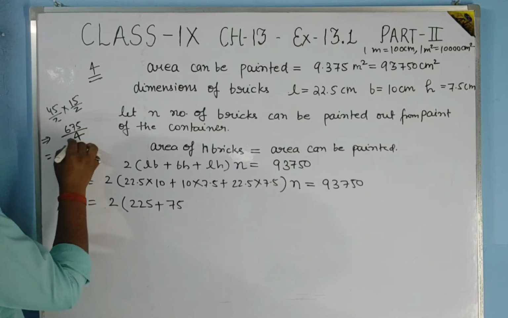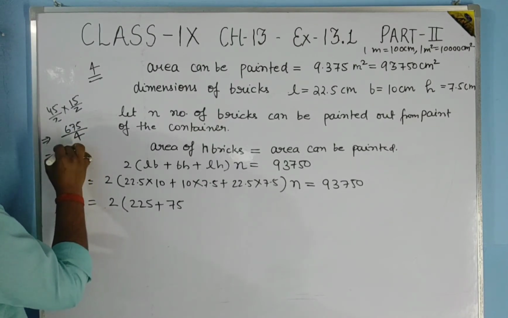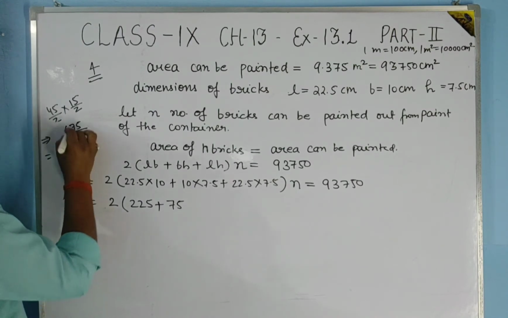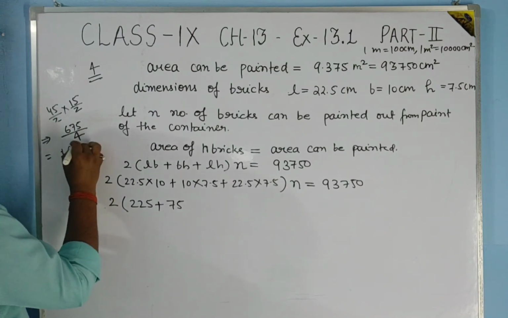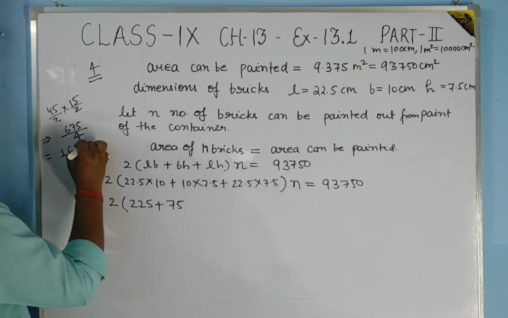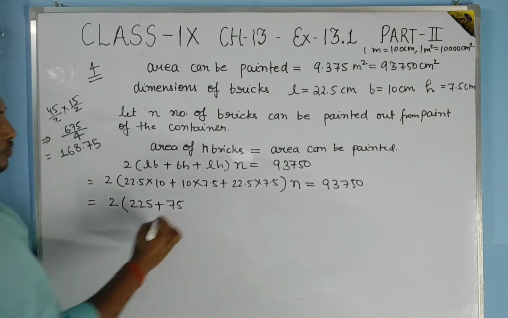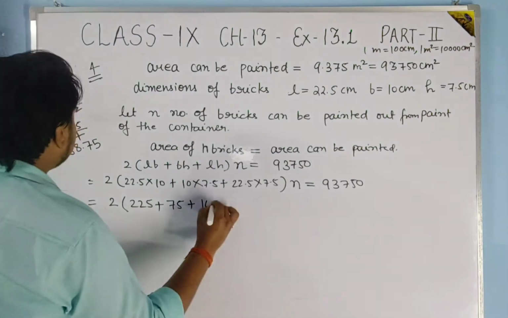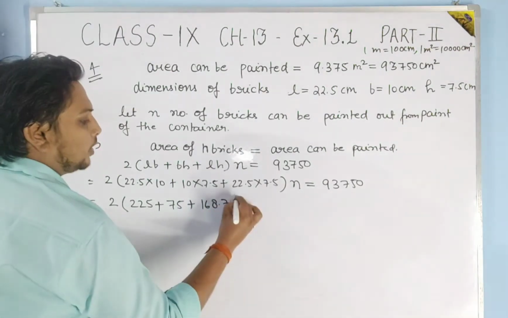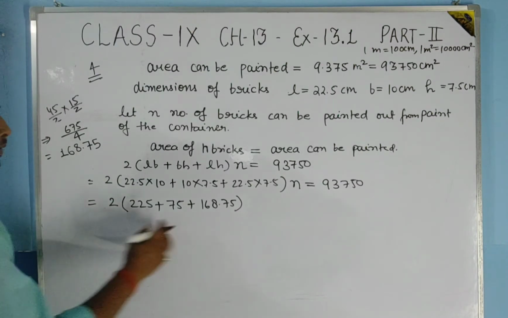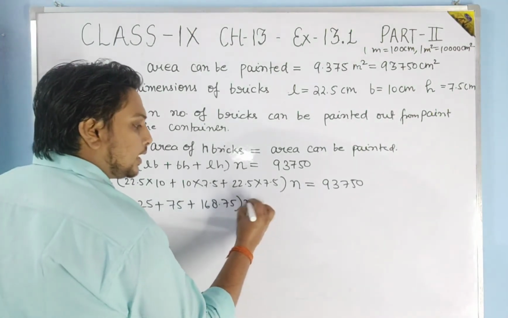Now just divide it by 4. 4 ones are 4, 2 7. 4 sixes are 24, 3 5, 4 eights are 32, 3 is left, 4 sevens are 28 and 4 fives are 20. So basically it is 168.75. Okay, you can do it by some other method also.